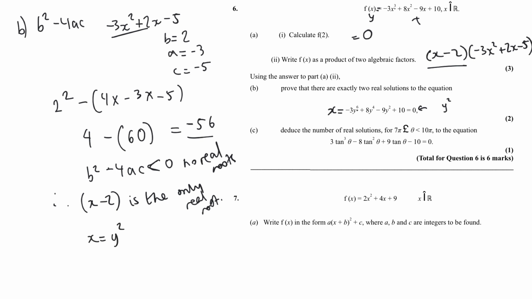And then, because x minus 2, that essentially is x is equal to 2. So then 2 is equal to y squared. So then y is equal to plus and minus root 2. So essentially, these are our two real solutions, positive and negative root 2. And I hope that makes a lot of sense. Okay, so I'll leave that for a bit and then I'm going to rub it out.